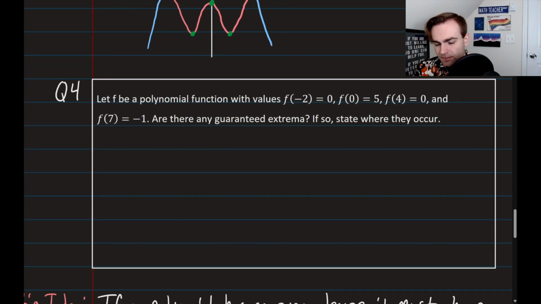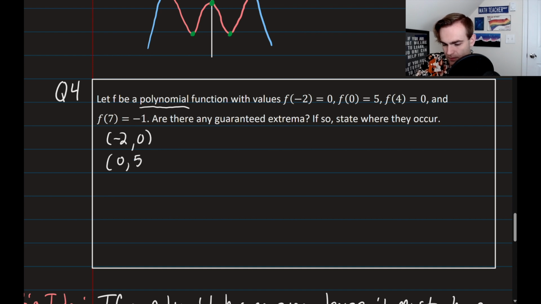Speaking of the devil, let f be a polynomial function, so they're already telling us that it's a non-constant continuous function. So we have some values here. Let's write them as points. That might help us out a little bit. We have (-2, 0). We have (0, 5). We have (4, 0).